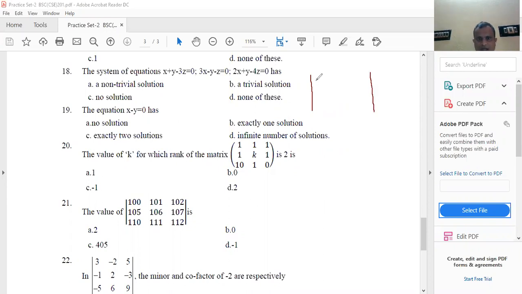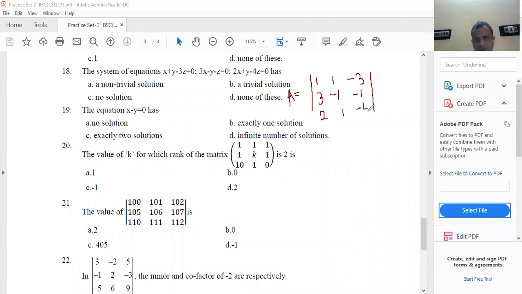Here the first row is 1 1 minus 3. The coefficient determinant, if we write the coefficient determinant, A equals 1 1 minus 3. Second one is 3 minus 1 minus 1, and the last one is 2 1 and minus 4.